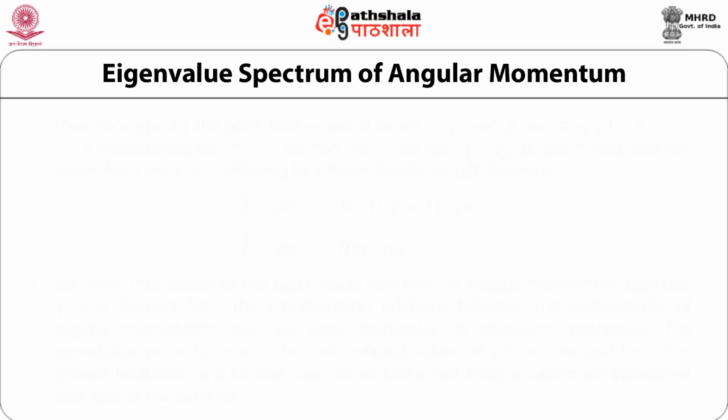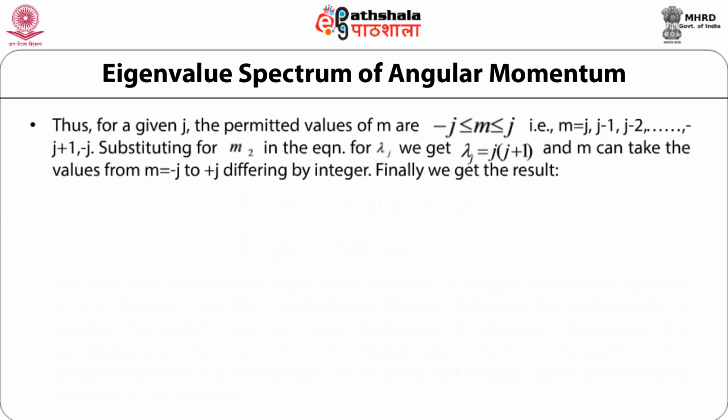Eigenvalue spectrum of angular momentum. Thus, for a given value of j, the permitted values of m lie between minus j less than or equal to m less than or equal to j. That is, m can take values j, j minus 1, j minus 2 and so on to 0 to minus j plus 1 and minus j.